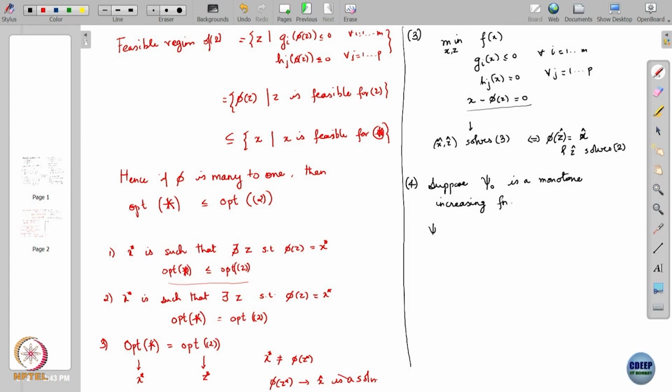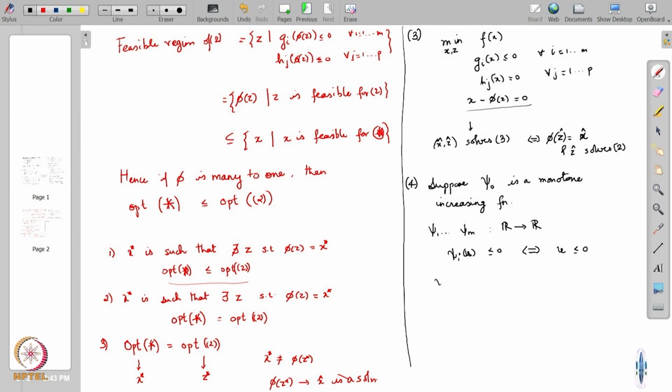Suppose also psi 1 till psi m are all functions from R to R, and they satisfy psi i of u less than or equal to 0 if and only if u is less than or equal to 0.